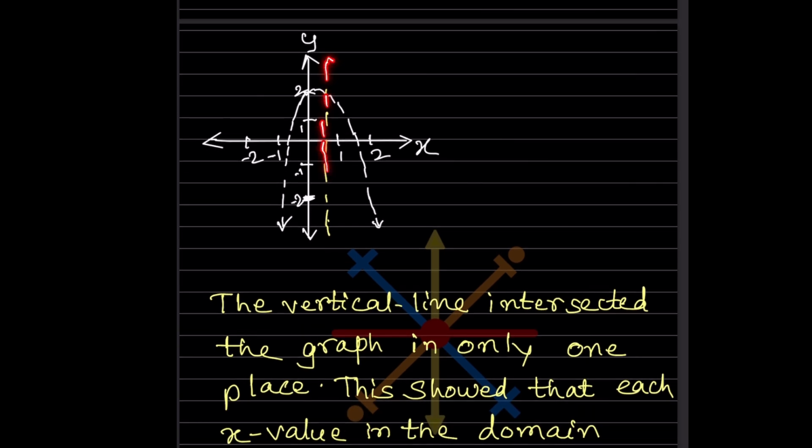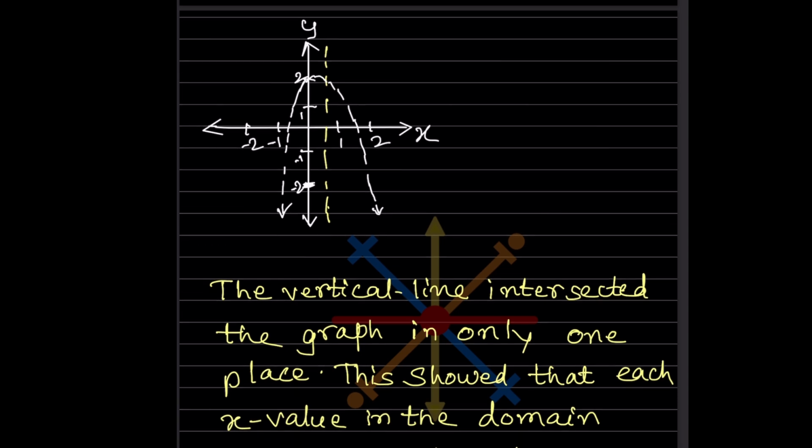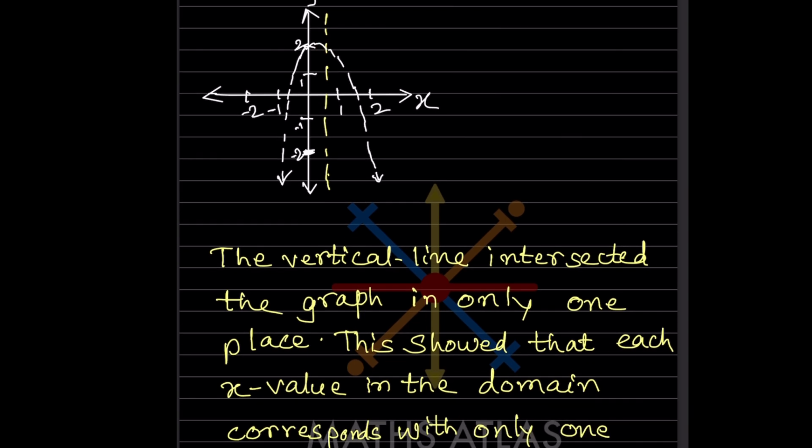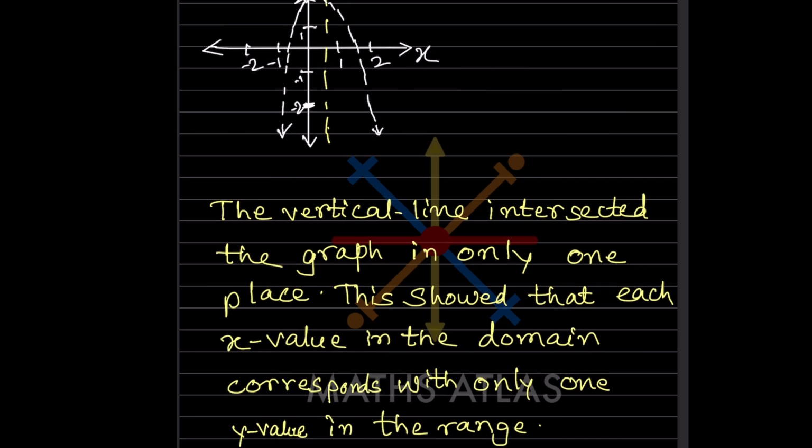This is the vertical line. Where is it intersecting? It is intersecting at only one place. Can you see here? So we can say the vertical line intersected the graph in only one place. This showed that each x value in the domain corresponds with only one y value in the range.